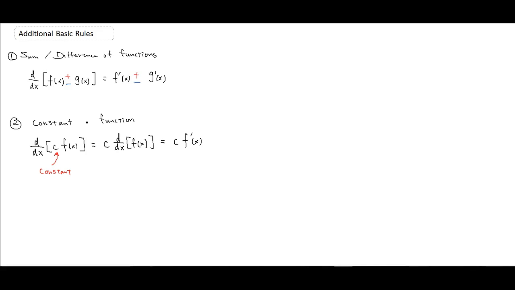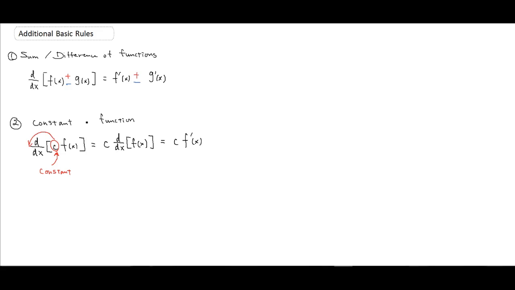g prime. And in the second rule, if you happen to have a function, say f of x, being multiplied by any constant c, notice that in this case, this rule basically tells you that you can pull out that constant c outside of the differentiation.